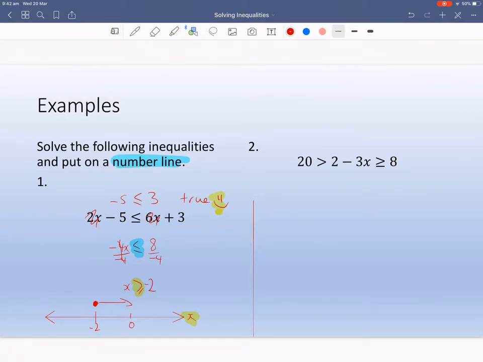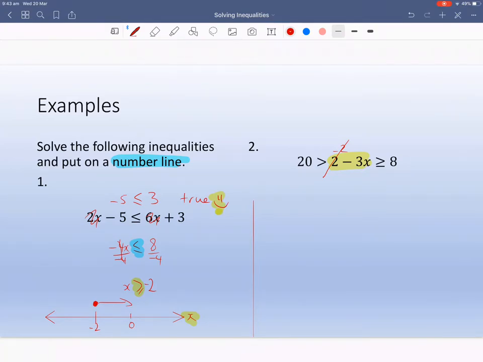Okay, this is an interesting one, this second one. We're almost going to have to do it as we go. So the best way is just to get into it. So I want to get x by itself. So I'm looking at this bit in the middle here. So I want to get rid of everything that's not x. So I'm going to go minus 2 from here, which means I have to do that to the other side as well.